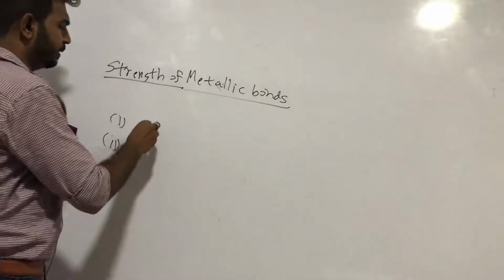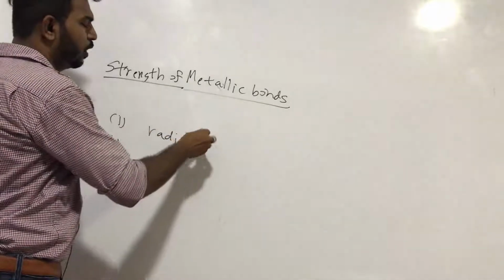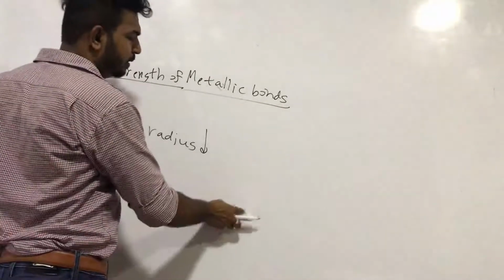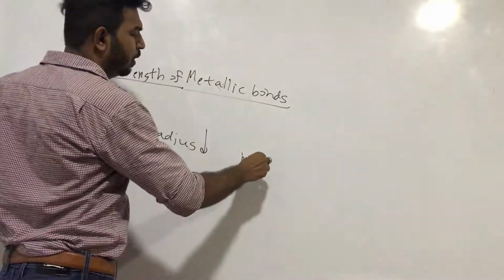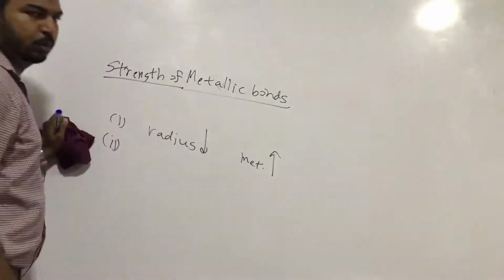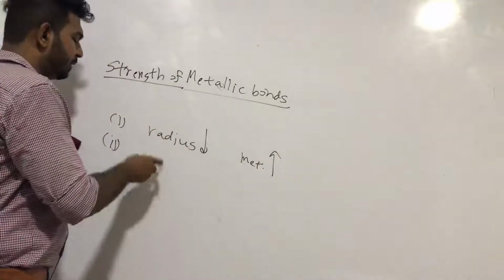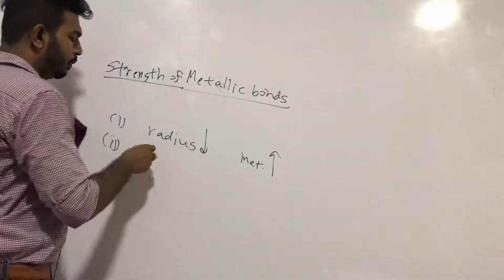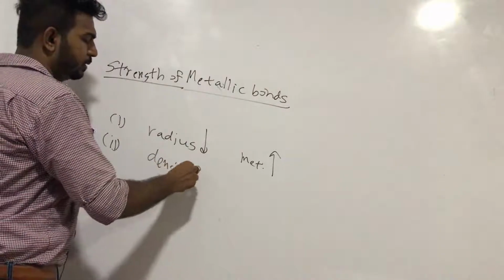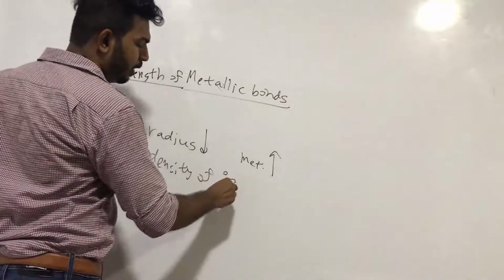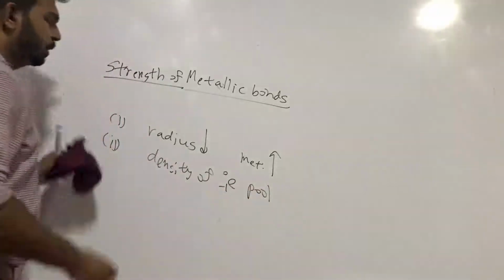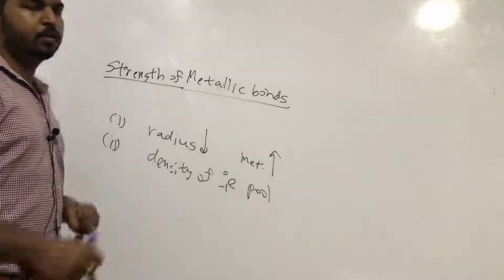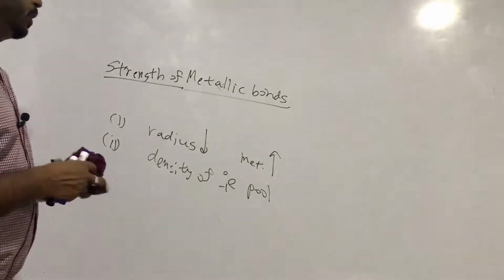The first one is radius. When radius decreases, metallic bond strength increases. Then the second one is electron pool density, or the density of the electron pool. When the density of the electron pool is high, the strength of the metallic bond is very high.